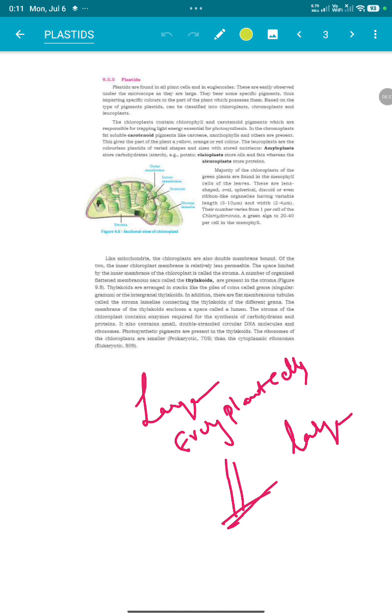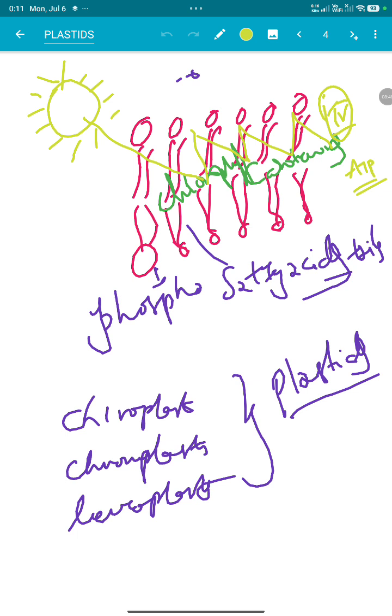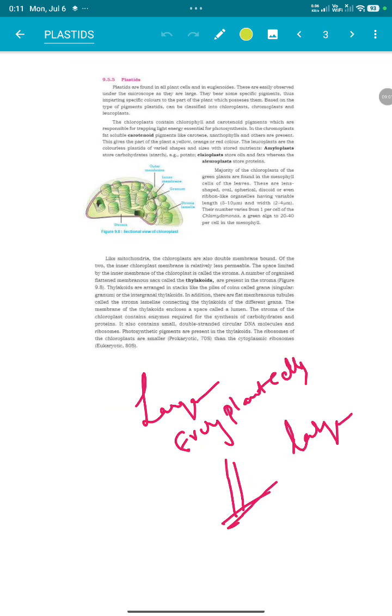In the chromoplast, fat-soluble carotenoid pigments like carotene, xanthophylls, and others are present. As I said, there are fatty acid tails, so carotenoids are also embedded in the membrane. This gives the part of the plant a yellow, orange, or red color.